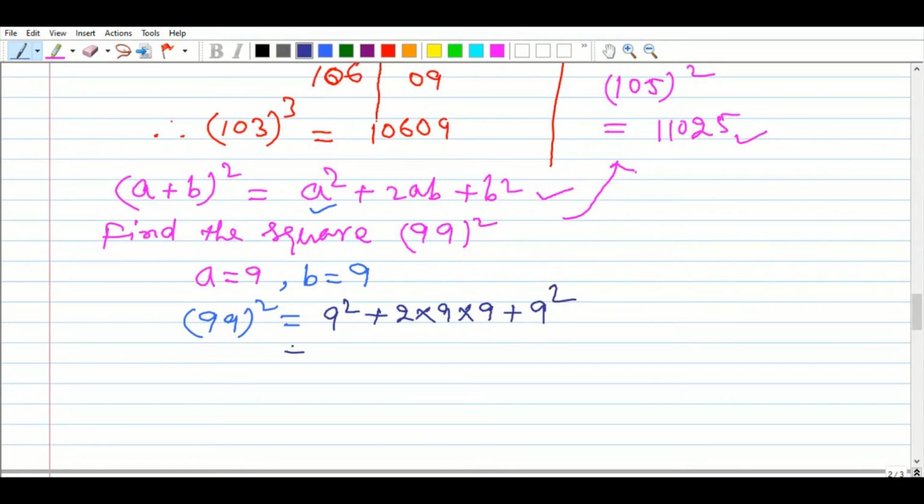It becomes 81 plus 2 into 81 plus 81. Correct. Again, you do this one: 81 here plus 162 plus 81. Okay.